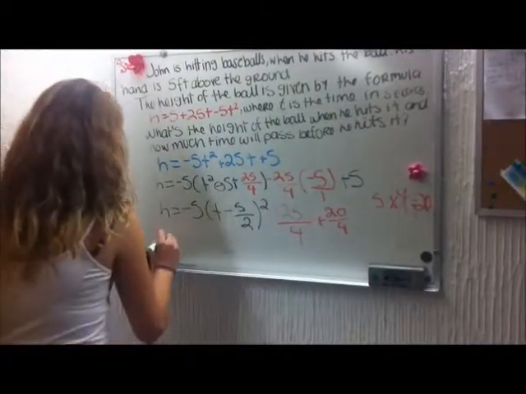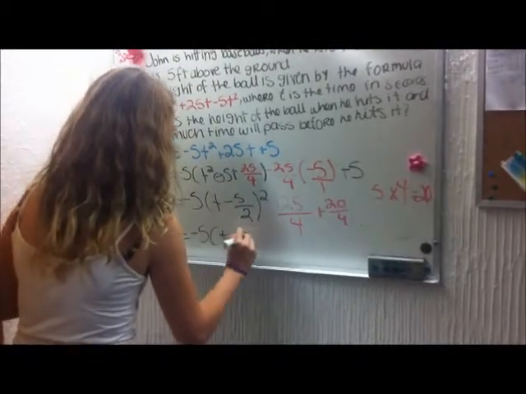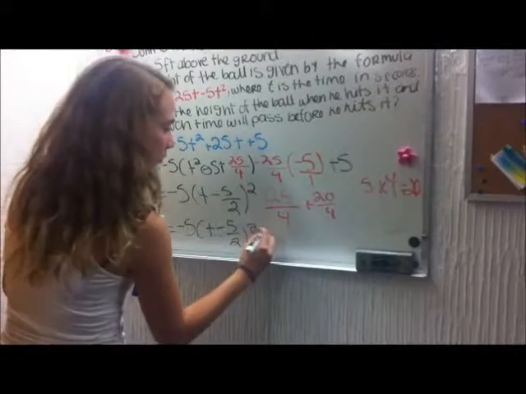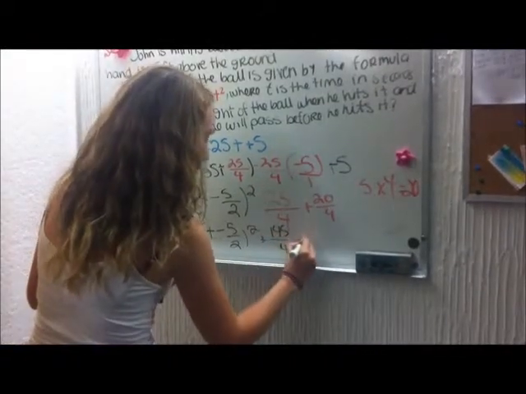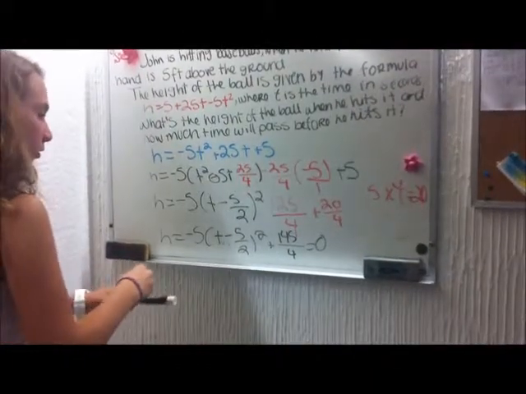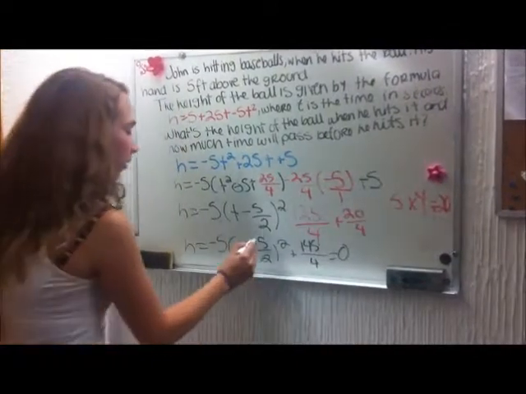This is h equals minus 5 times t minus 5 halves squared plus 145 fourths equals 0. Okay? So we are now at this point. At this point we already can get the vertex. That is this.